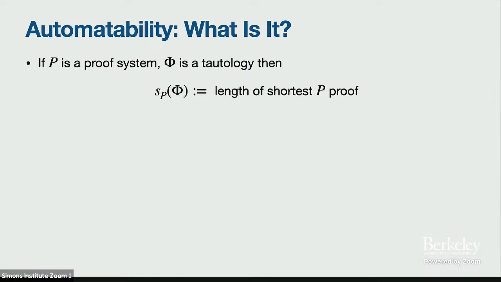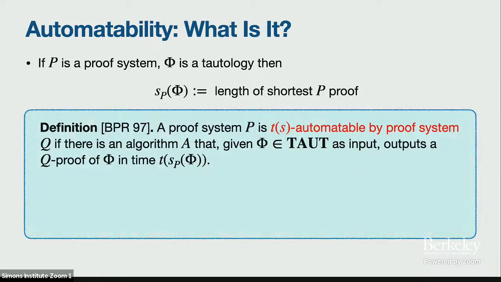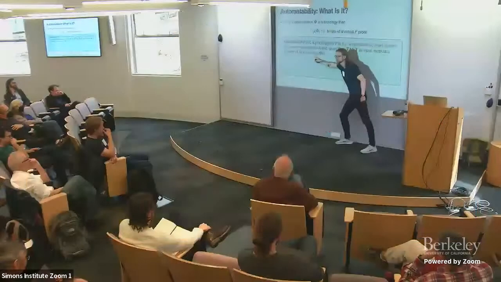So here's some notation. If P is a proof system and I have some tautology phi, I'm going to use S sub P of phi to denote the length of the shortest P proof of phi. Now I'll say that this proof system P is T of S automatable by another proof system Q if there's an algorithm that, given any tautology as input, is going to output a Q proof of this formula in time bounded by the length of the shortest P proof of the formula.